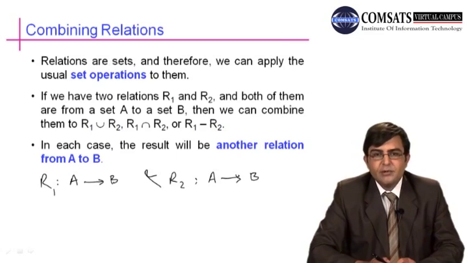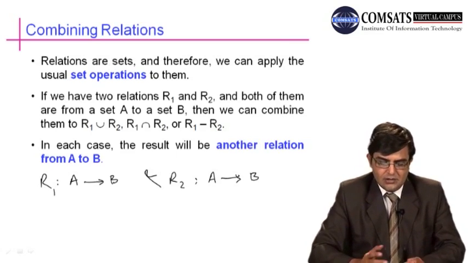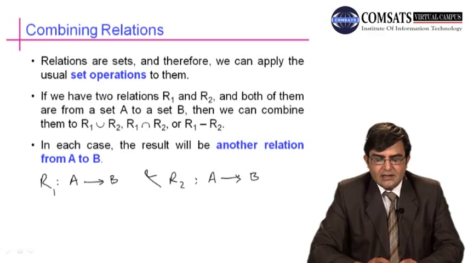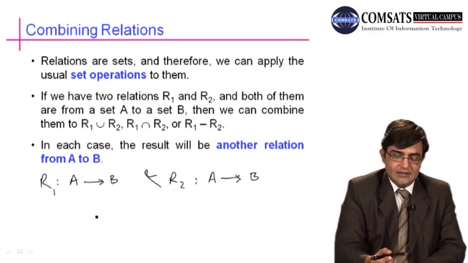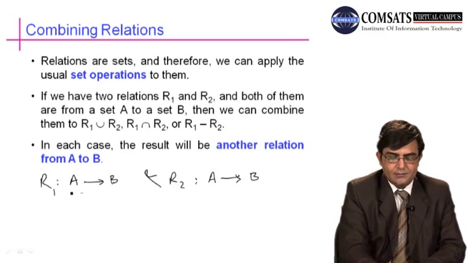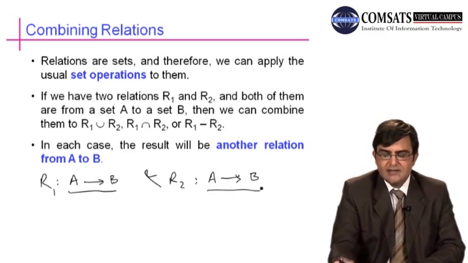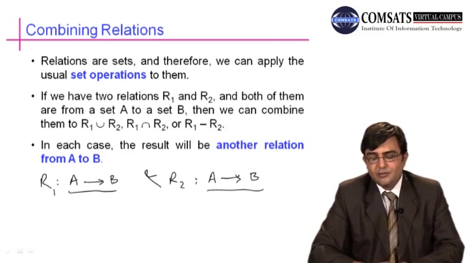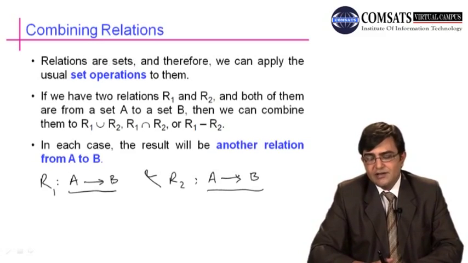One thing to remember here about combining relations: if we want to take the union or intersection of any two relations, these relations must be defined on the same sets. R1 is defined from A to B, R2 is defined from A to B.